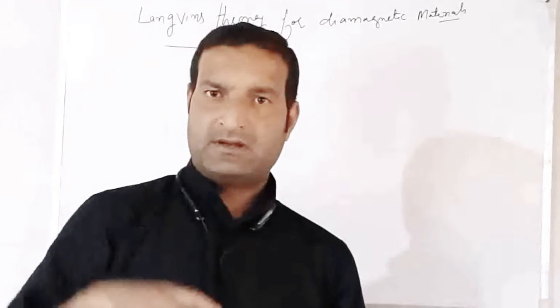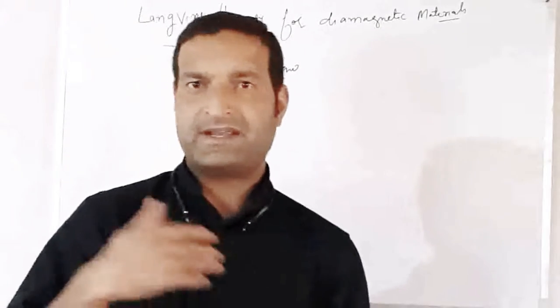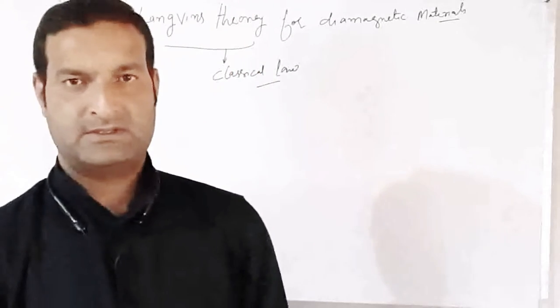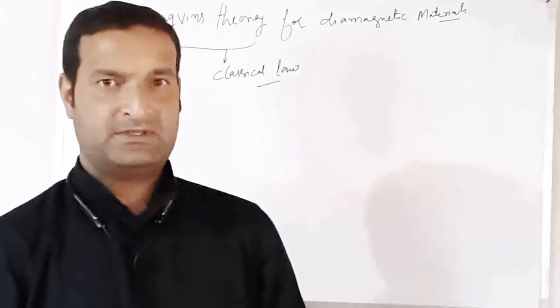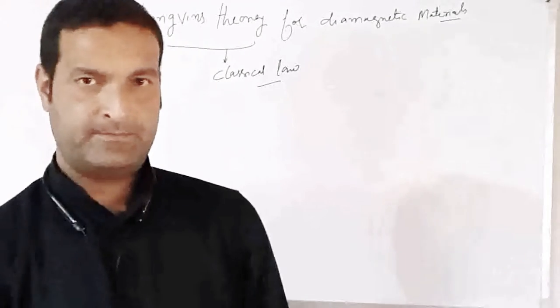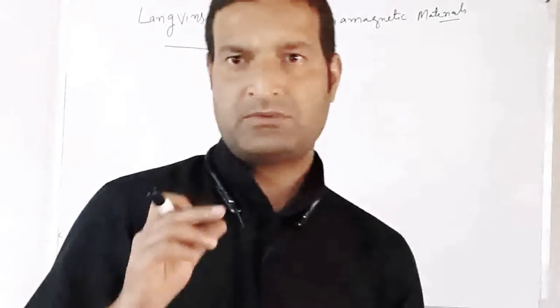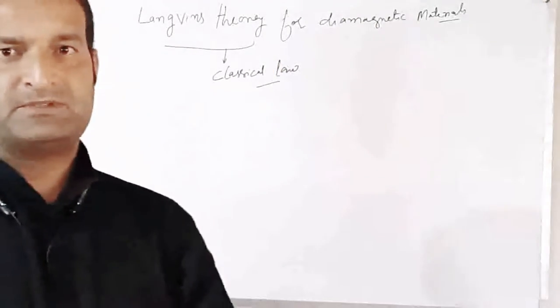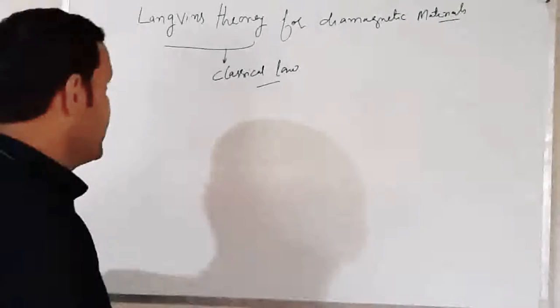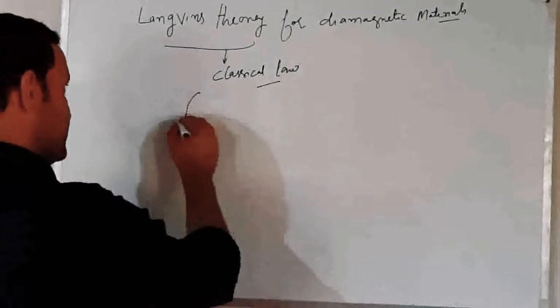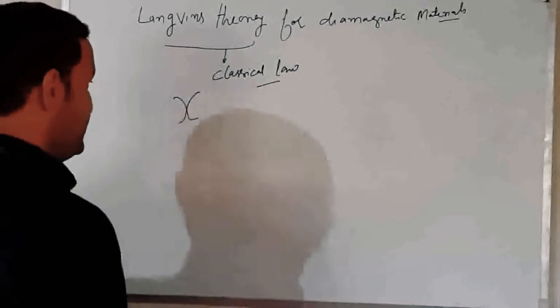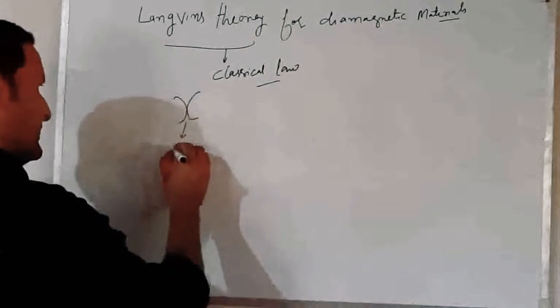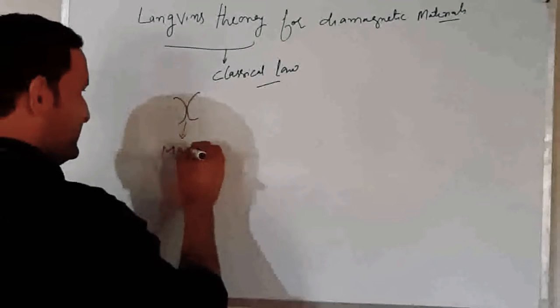and I already told you what diamagnetic materials are in the previous lecture. Here you have to calculate only the magnetic susceptibility, and that is denoted by chi. Chi is called the magnetic susceptibility.